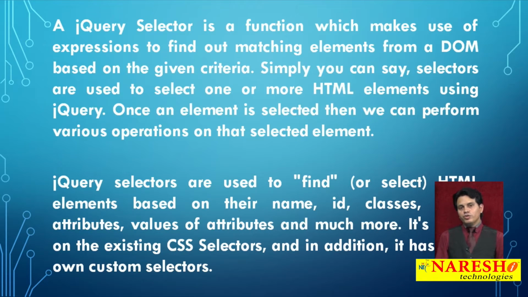jQuery selectors are used to find or select HTML elements based on their name, ID, classes, types, attributes, values of attributes, and much more.